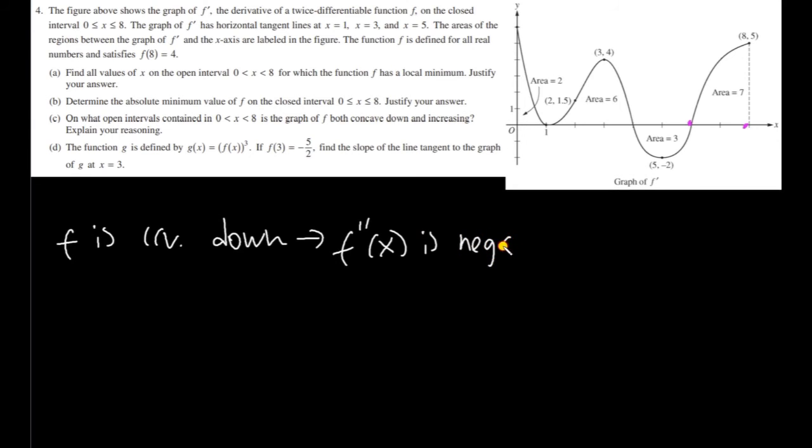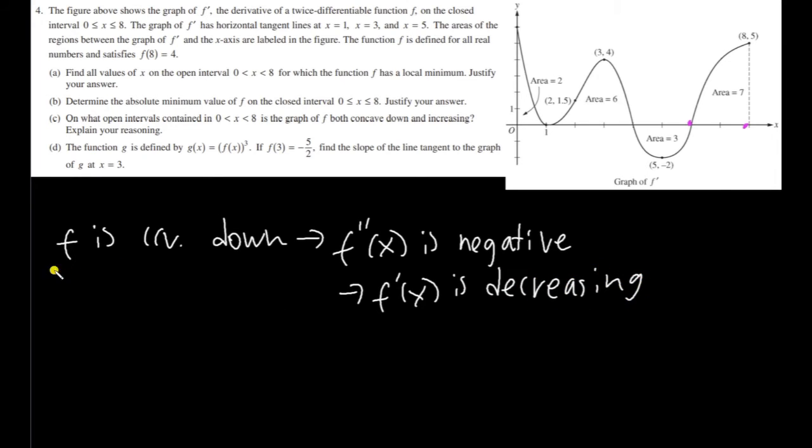So we'll start. Okay, so if f is concave down, what does that tell us about f prime? Okay, well, I know that if f is concave down, that means that f double prime is negative. That's what it means to be concave down. The second derivative is negative. And then if I know that the second derivative is negative, I know that the first derivative is decreasing.